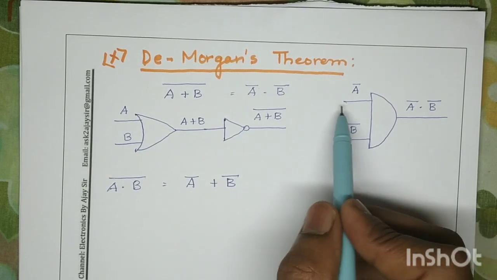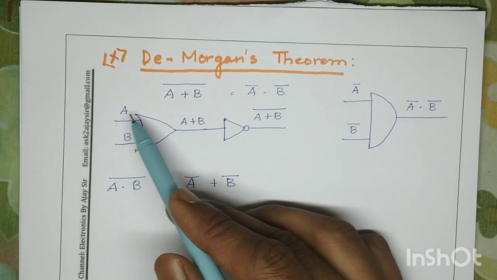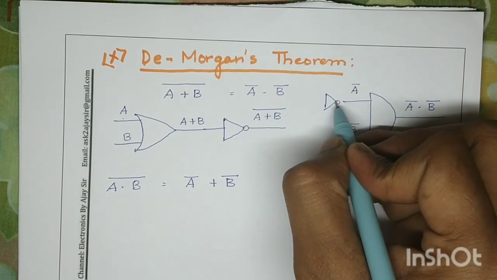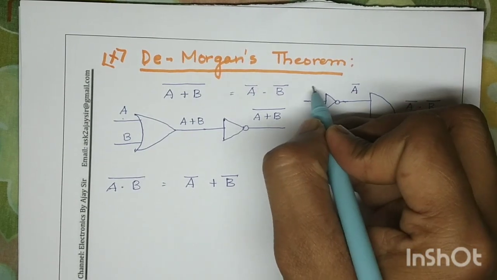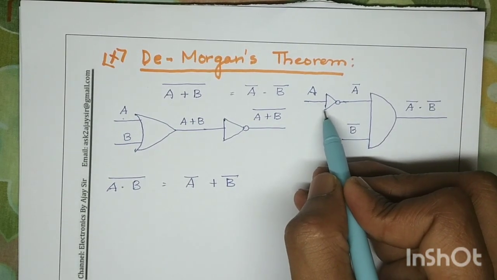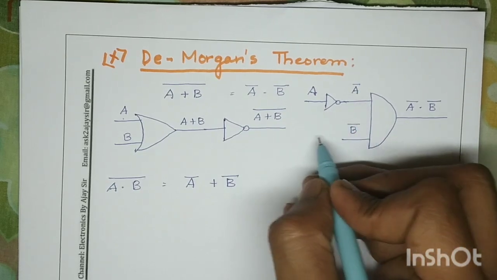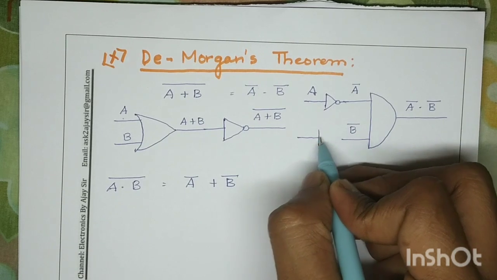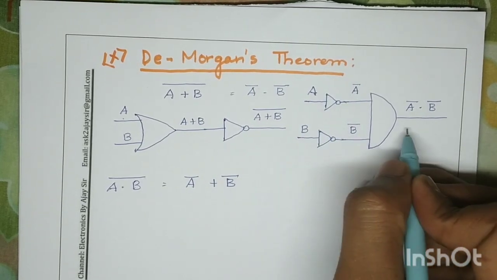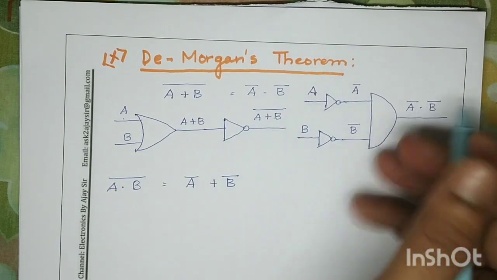Similarly here also, if we have the signal A, we have to generate this signal A bar by using an inverter circuit like this. So ultimately we have the original signal A, we have passed this signal A through an inverter, and we have generated this signal A bar. Similarly we have the signal B, pass it through an inverter, it gives you B bar, and this makes the implementation of this expression A bar dot B bar.